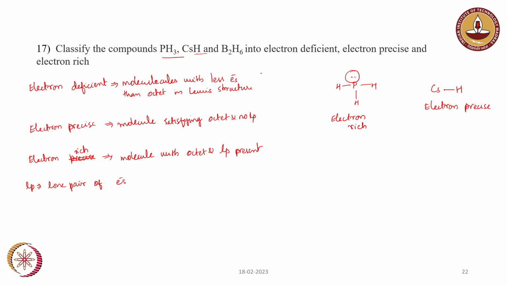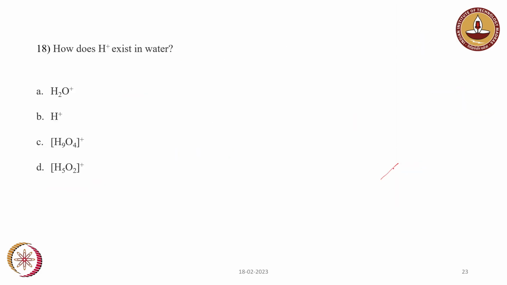And the next one is B2H6. In B2H6, boron has 3 valence electrons. So we can consider it like this.